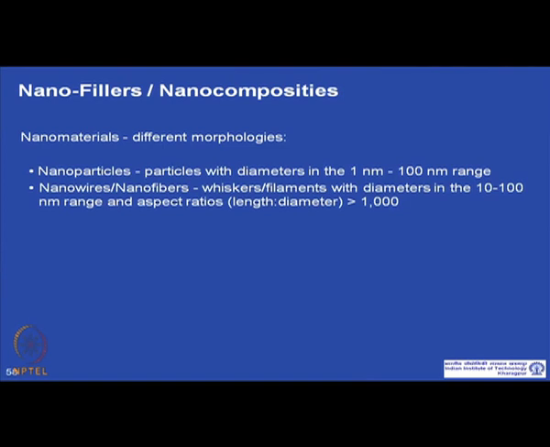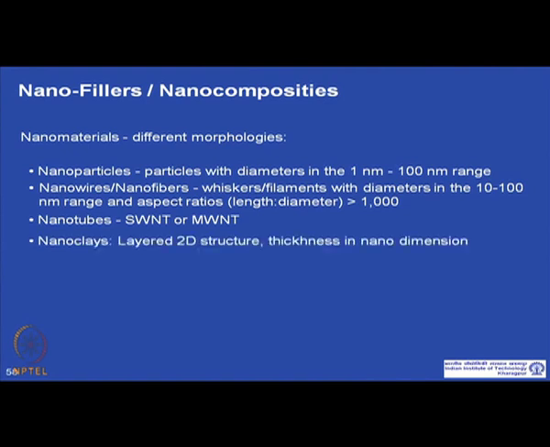Nanowires or nanofibers are basically whiskers or filaments with diameters in the range of 10 to 100 nanometer, having high aspect ratio. Nanotubes, especially carbon nanotubes, because of their very high potential, single wall carbon nanotubes or multi wall carbon nanotubes, are nowadays used for different polymeric nanocomposites.